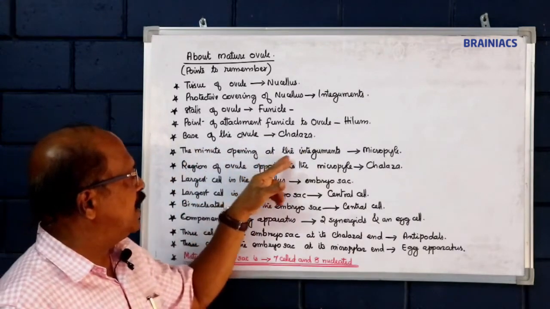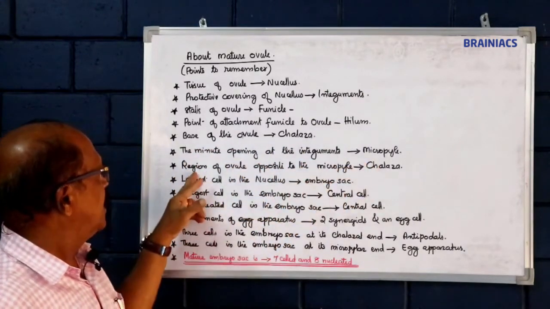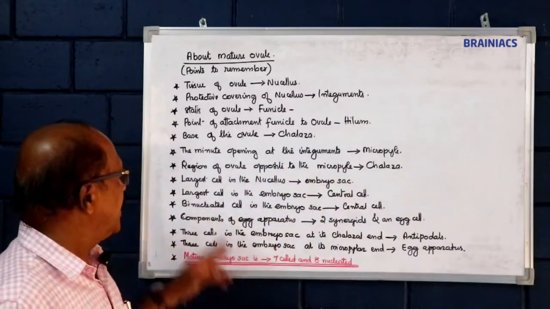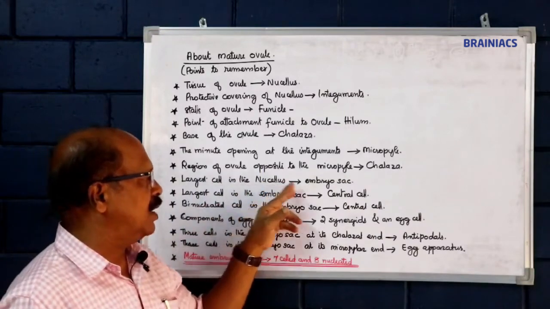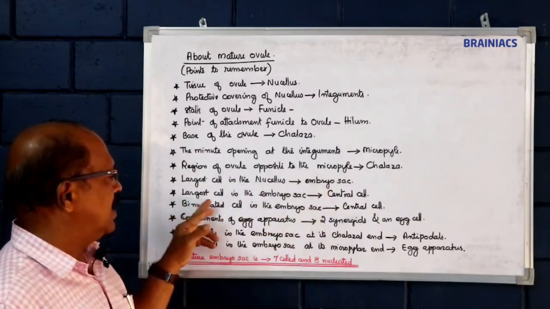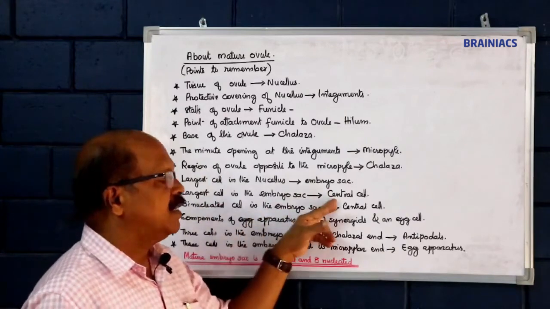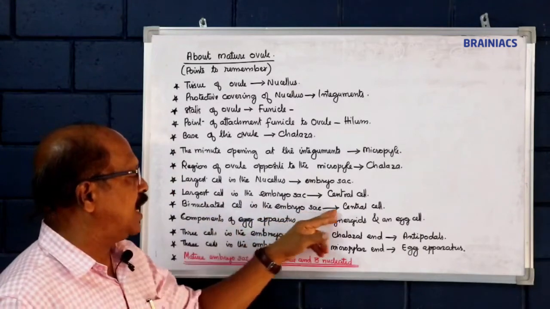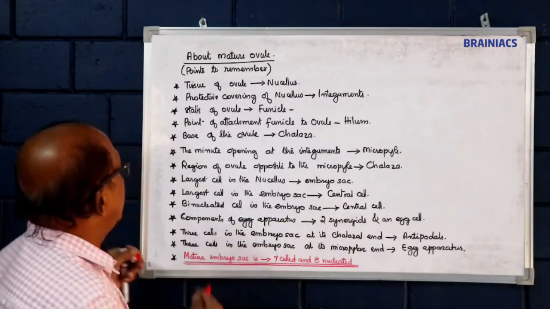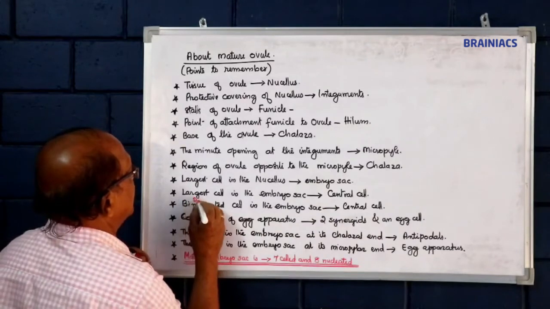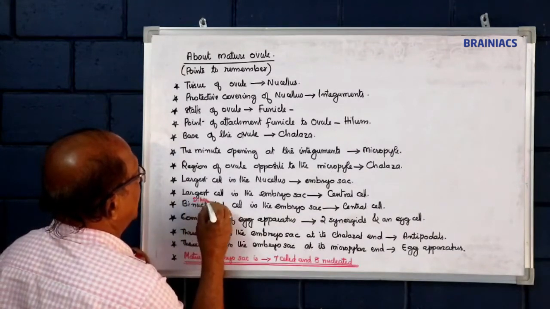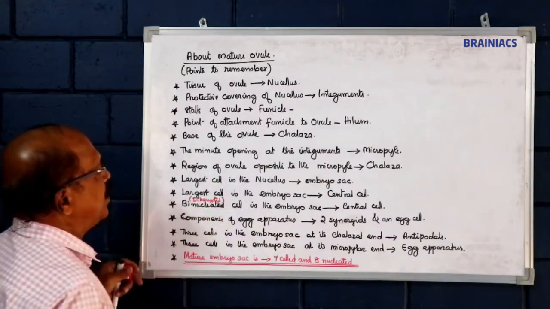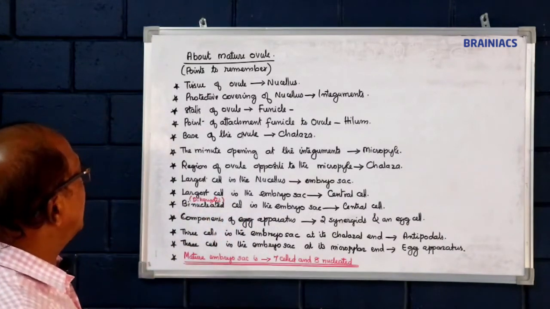The minute opening at the integuments, micropyle. Region of ovule opposite to the micropyle, chalaza. Largest cell in the nucellus, embryo sac. Largest cell in the embryo sac, central cell. Binucleated or dikaryotic cell in the embryo sac, central cell.